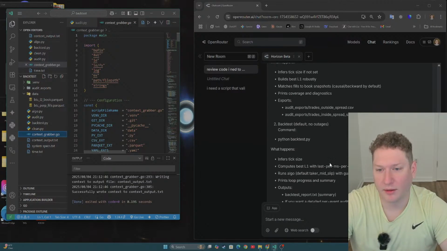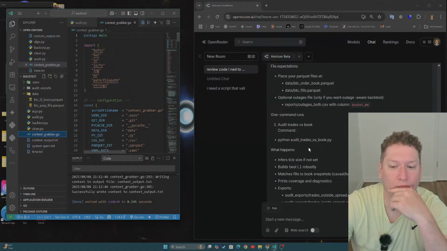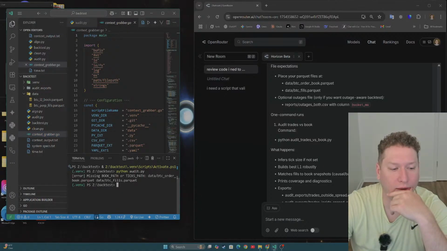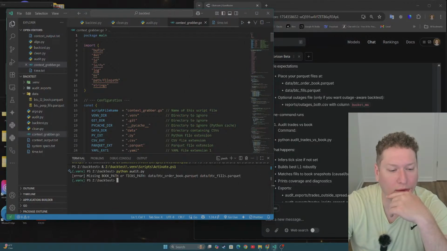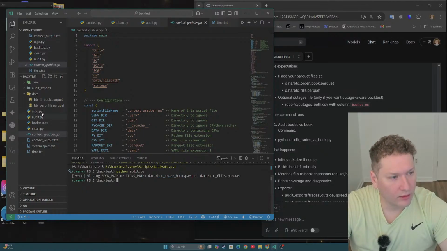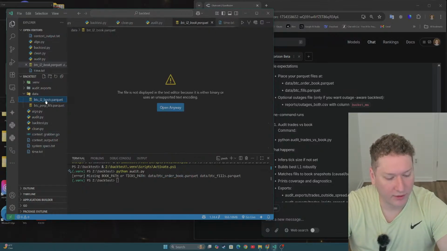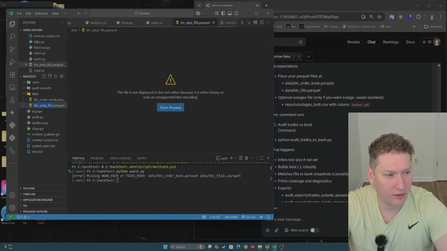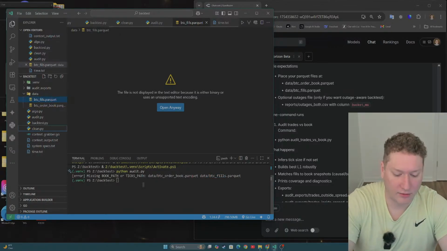Joins outage flags by minute. Yeah, I ran that and it did not work. Missing book path. Oh, I see. Order book, so it's L2 book right there. They were named differently before in the other files, and so it picked up on that naming convention. And we'll just go with that.